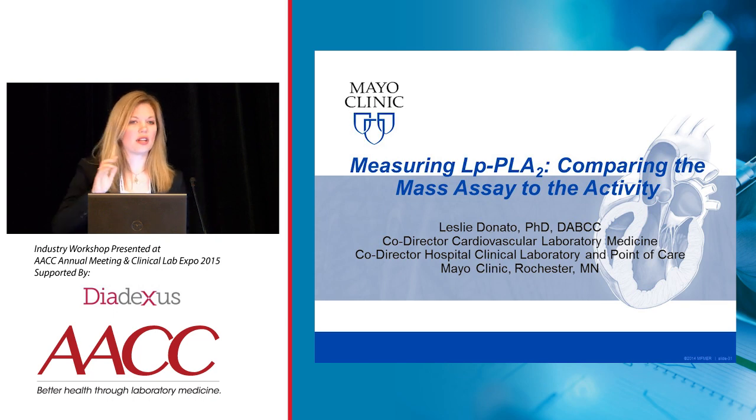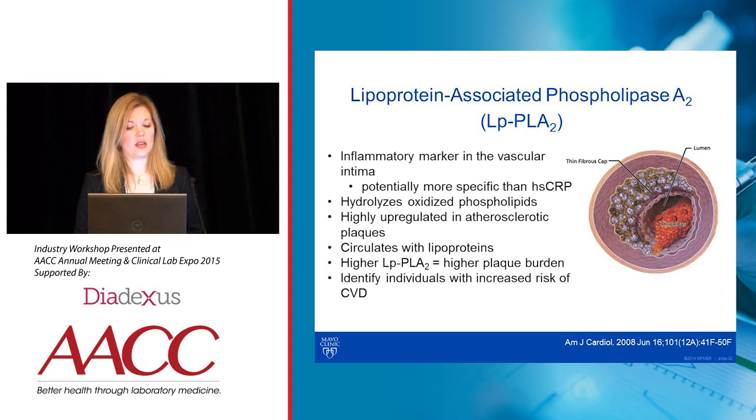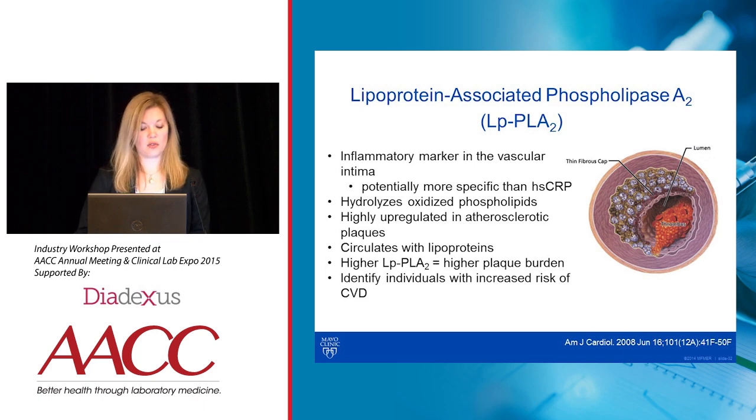So just as a primer, again, a reminder, LP-PLA2 is an inflammatory marker that's produced highly in vascular intima and specifically in the plaques themselves. Some of it circulates bound to lipoproteins, and we can measure that in circulation. Of course, patients with higher levels in circulation are at higher risk for events.